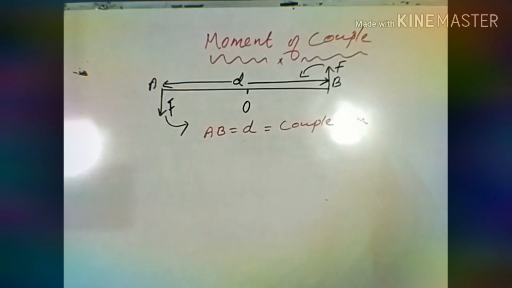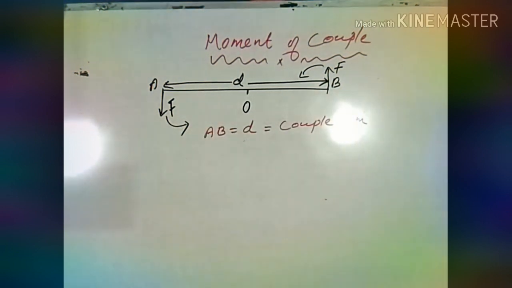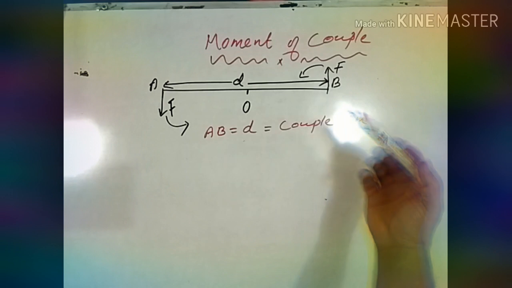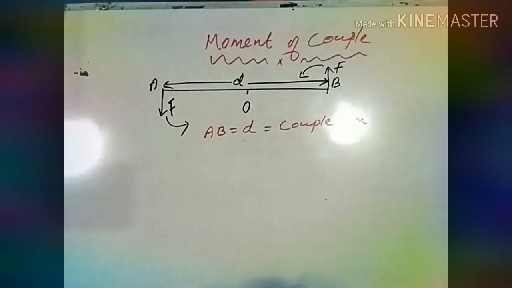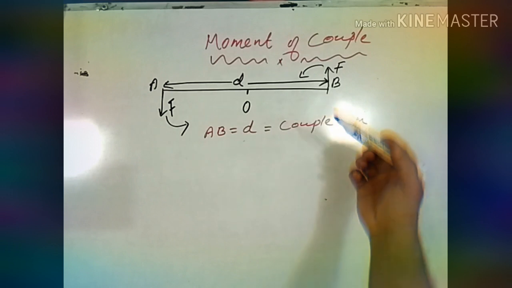So when you look at the diagram, these two forces are equal in magnitude but opposite in direction. What is their resultant sum? Of course, the resultant sum in any particular direction is 0, so it is not able to produce any translational motion.